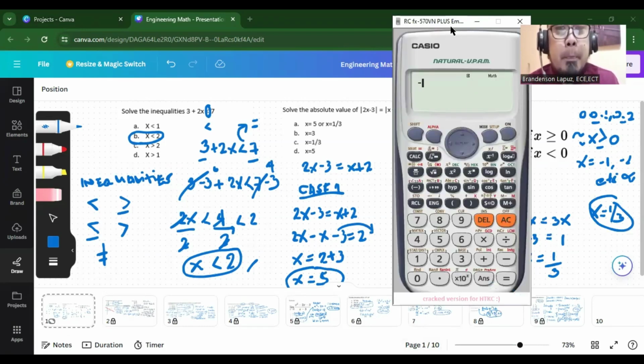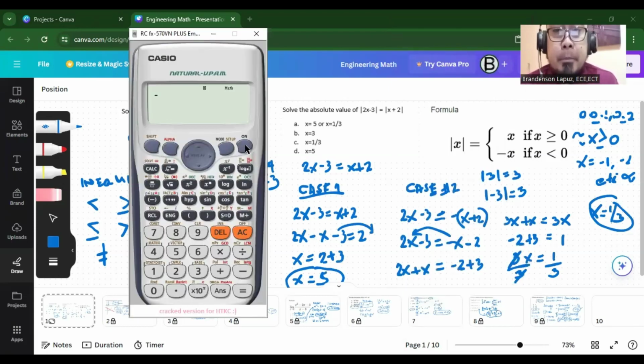For you to solve it easier, we can use this calculator actually. I'll show you how. To minimize the problem, you can use this one: 2 alpha x minus 3, just remove the absolute value, is equal to alpha x plus 2.